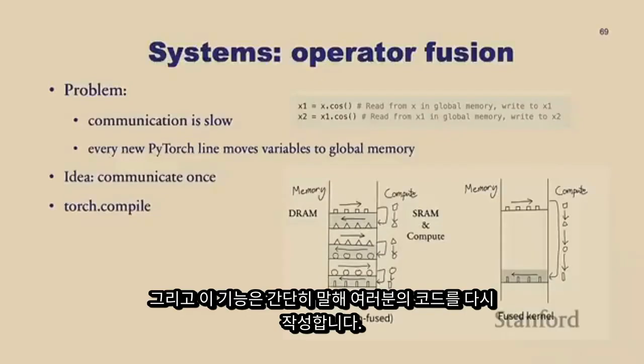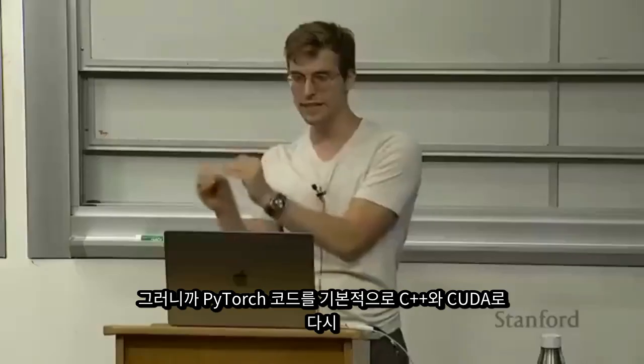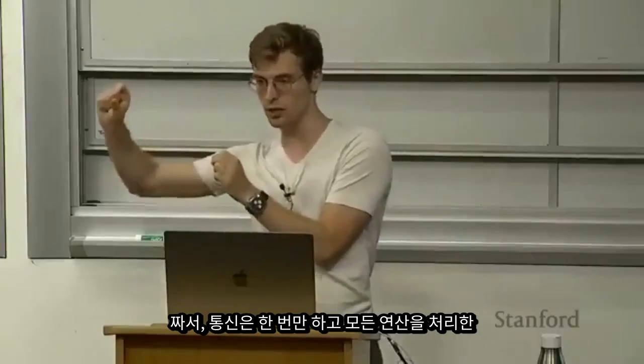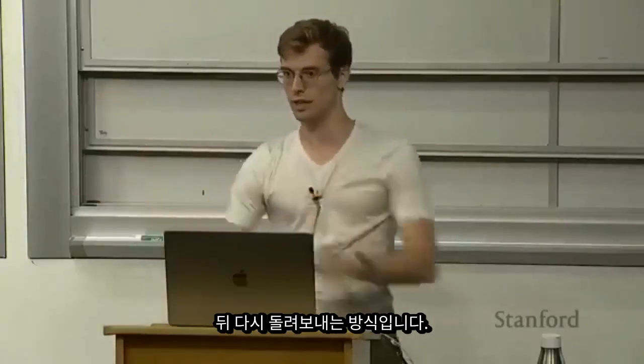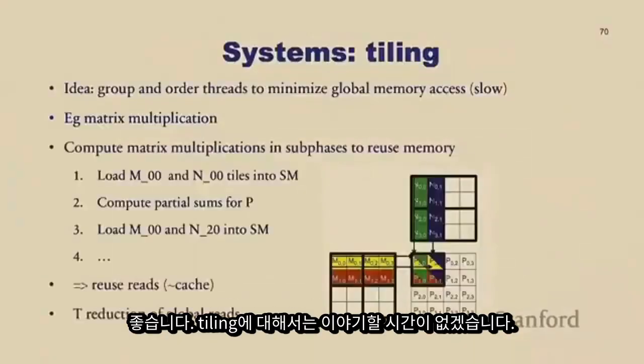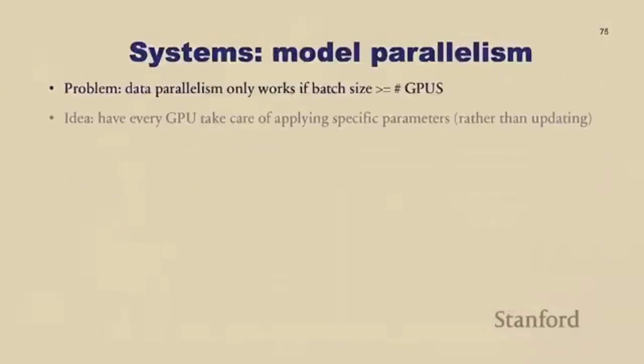What it does is simply rewrite your PyTorch code, basically in C++ and CUDA, to do the communication only once, then do all the operations, then ship it back. Okay, I'm not going to have time to talk about tiling. Tiling is important. Parallelization is important. And mixture of experts is important.